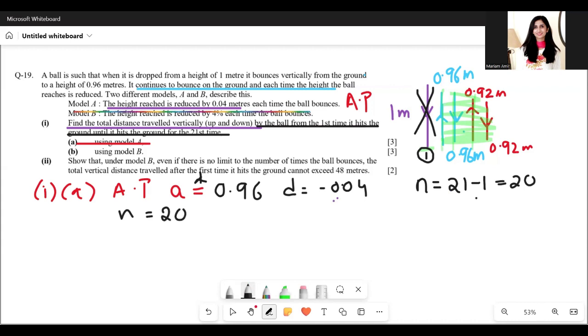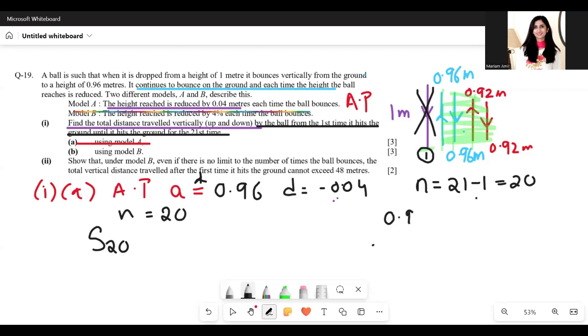Now we have to find the total distance traveled both up and down by the ball. So we will have to use the sum of first 20 terms formula. But that is just going to give us the upward distance traveled. We will also have to double it because there are two series in parallel going on.